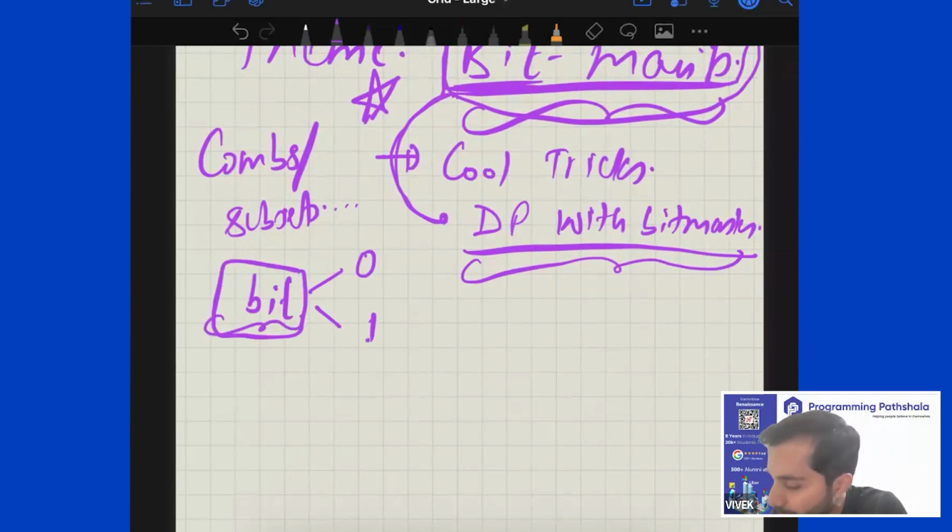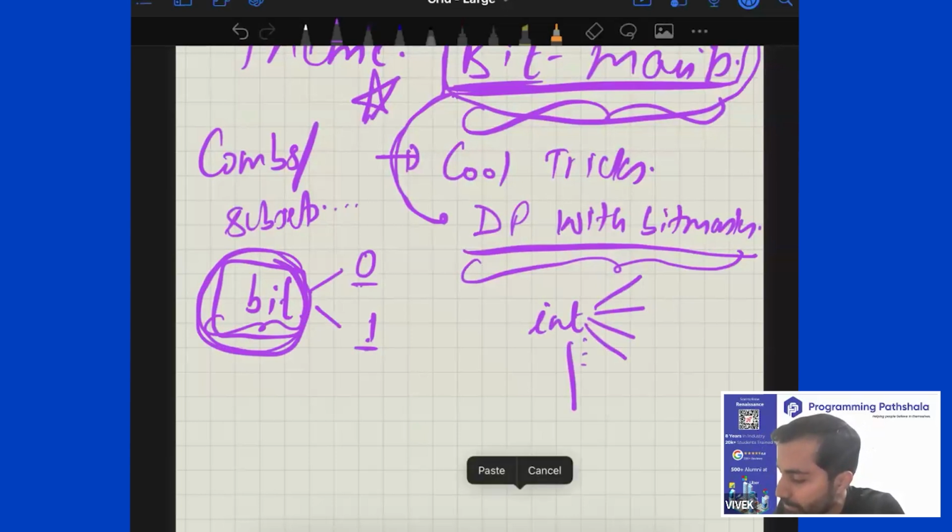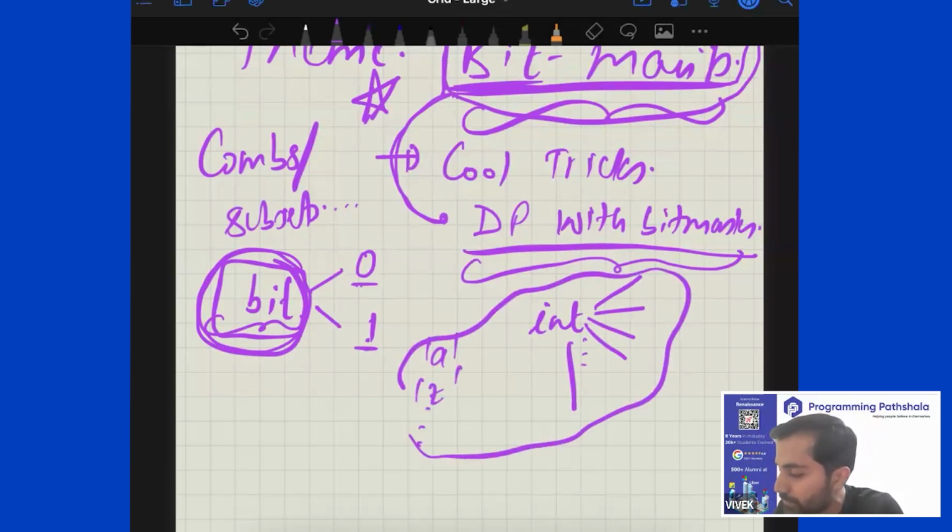Something which can have a limited number of forms is quite less confusing and quite easy to operate on. See, what I mean by that is if something is an integer, it can have infinitely many different values. If something is an ASCII character, it can be anything between maybe A to Z and several other ASCII characters, so it can have several different forms.